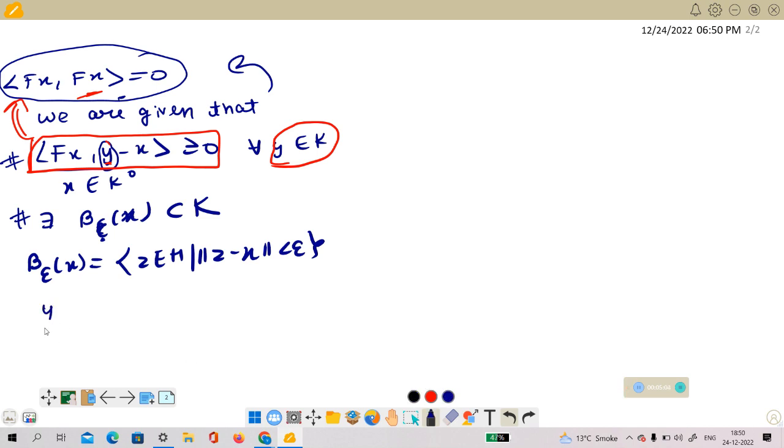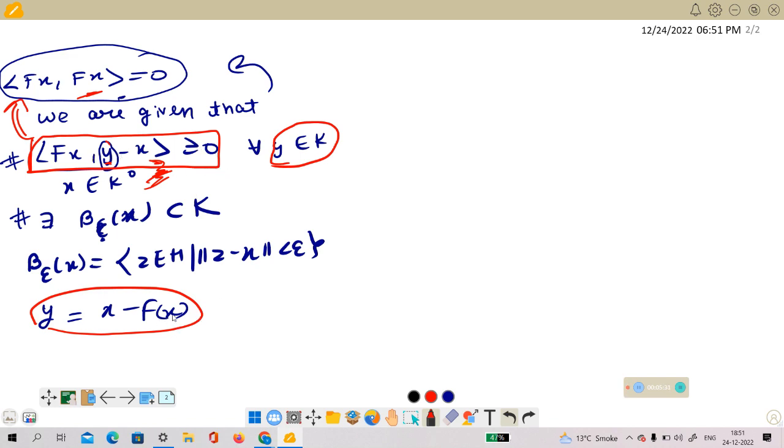We can take y equal to x minus f(x). That's a natural choice, because if we put y equal to x minus f(x) in this one, then x will get cancelled and we get f(x) somehow.